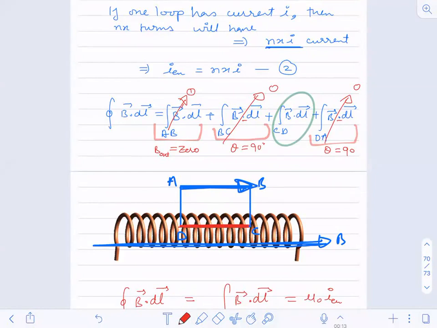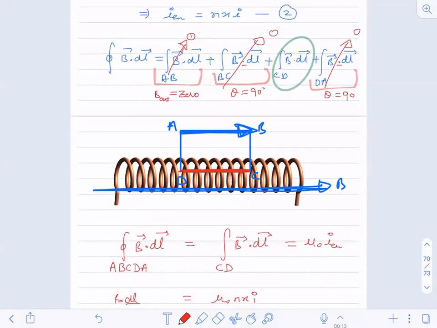Now, how BC and DA is cancelled? Is this a dot product or a cross product? Roshini, yes. Is this a dot product or a cross product?